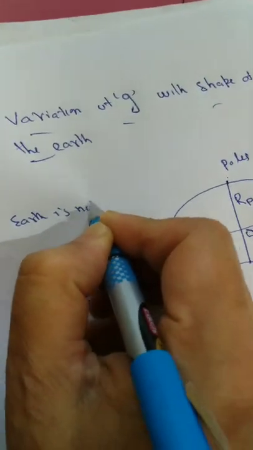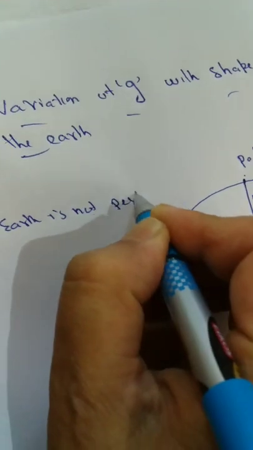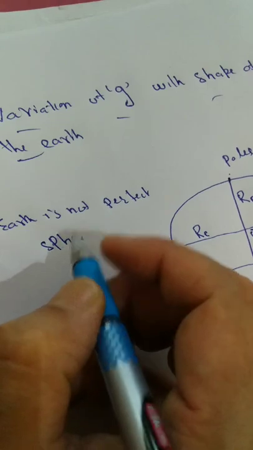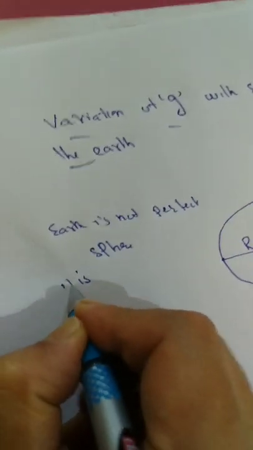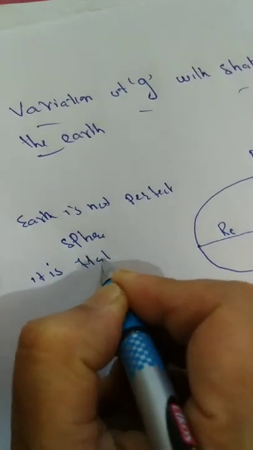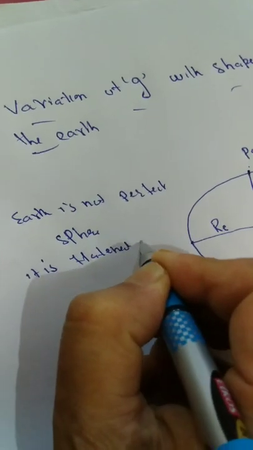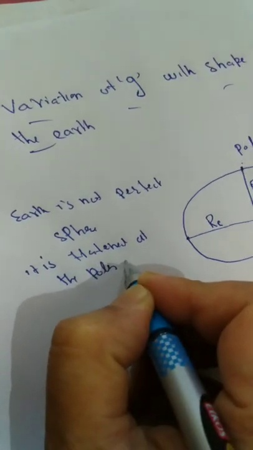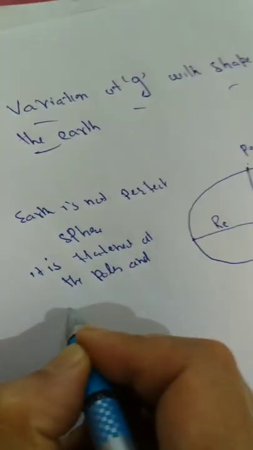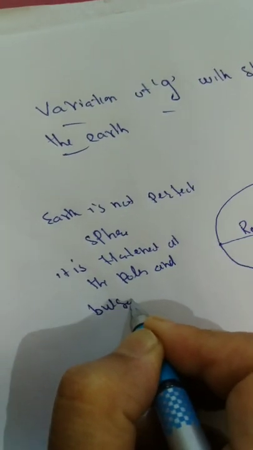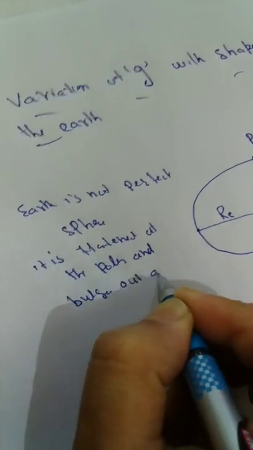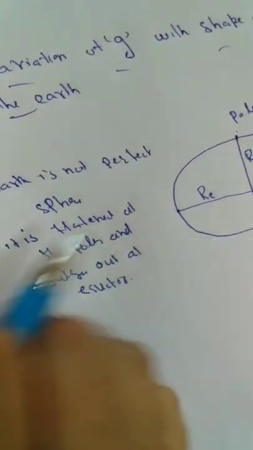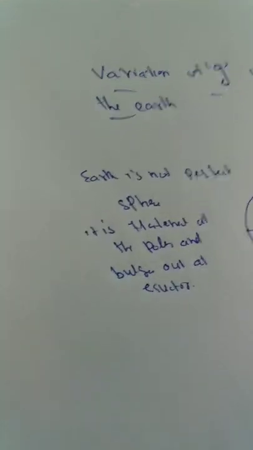So the equator radius of the earth is greater than the polar radius.